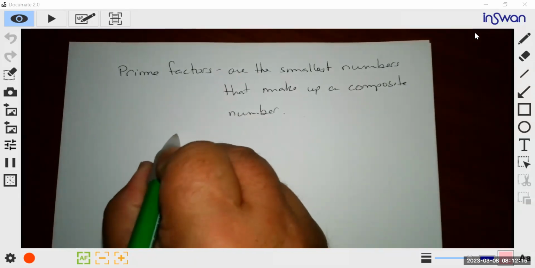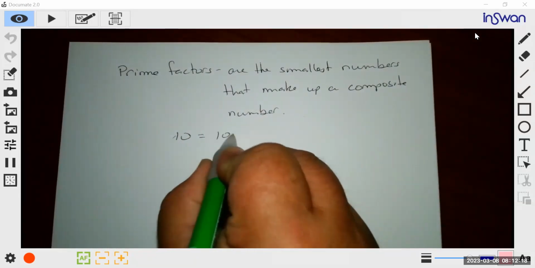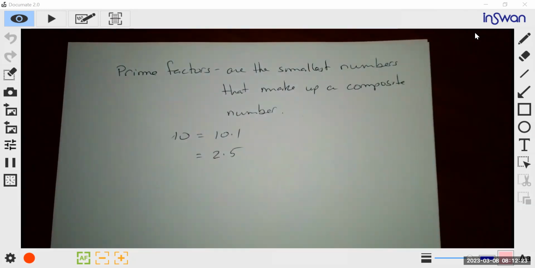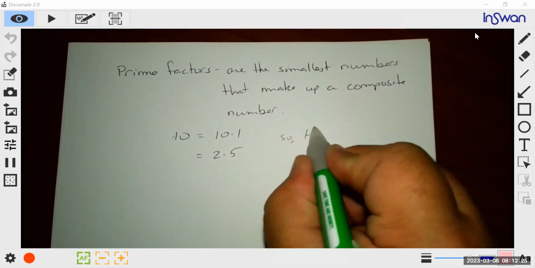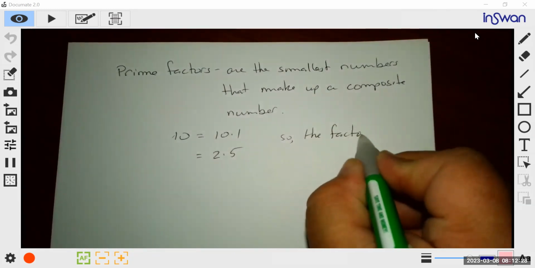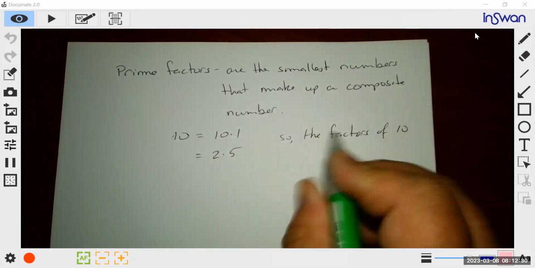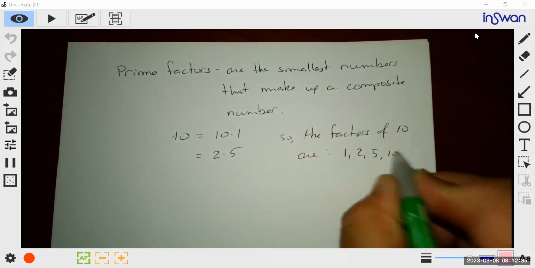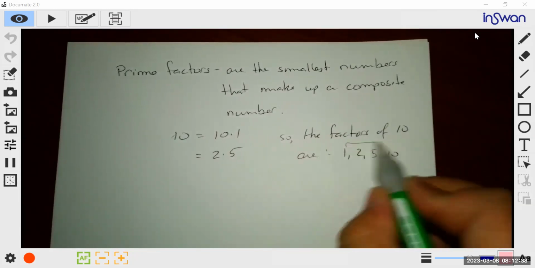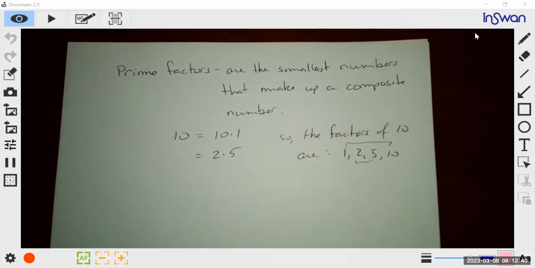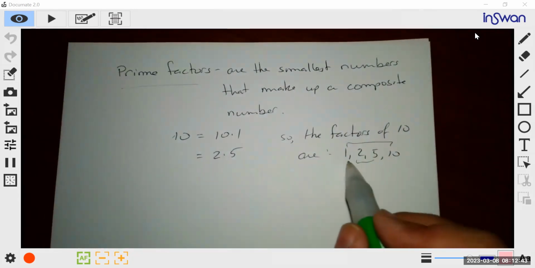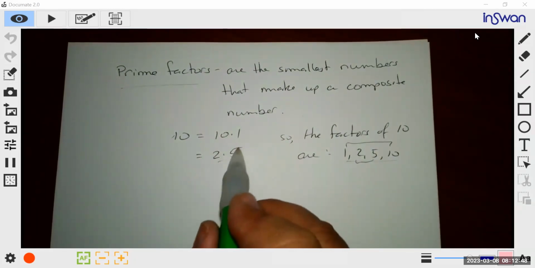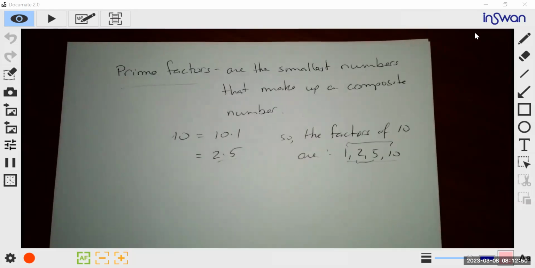Again, 10 is made up of 10 times 1, also made up of 2 times 5. So the factors of 10 are 1, 2, 5, and 10, because 1 times 10 and 2 times 5 equal 10. So those are the prime factors. Take them down to the smallest numbers, as far as you can, and you'll end up with prime numbers.